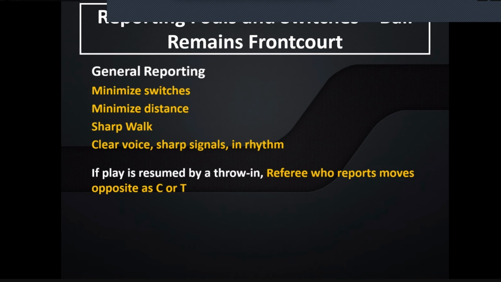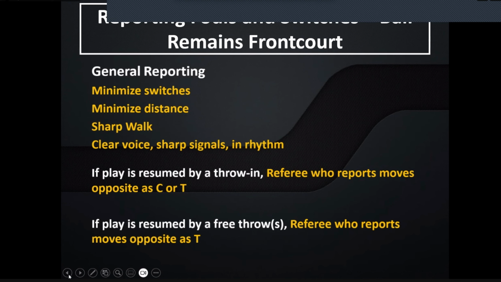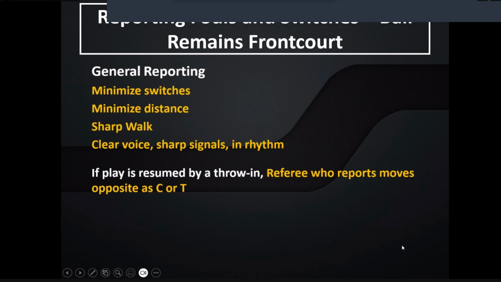Again, please let me know if that has to be clarified. Repeat that again, Tim? Okay. So if you call a foul and the throw-in is going to be on the table side, you're going to go opposite the table, but the only official opposite the table is going to be C, because the lead and trail will be on that side.